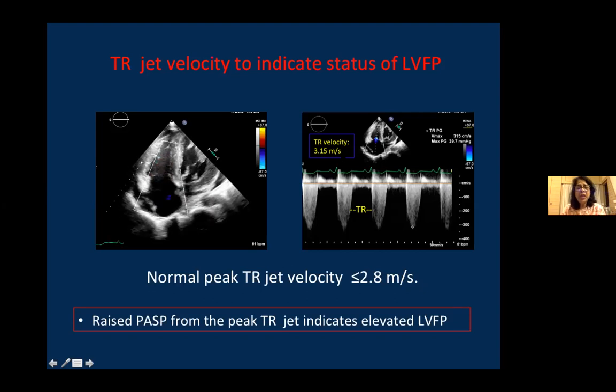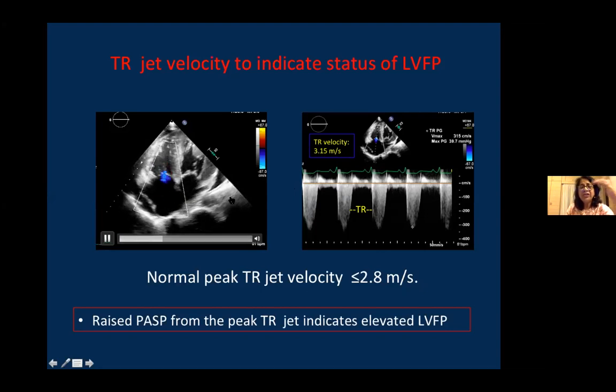Now, in absence of RV outflow tract obstruction, this will indicate the pressure difference between RV and RA. And if we add the RA pressure to it, it will give RV systolic pressure, which is same as pulmonary arterial systolic pressure. So in this case, IVC was dilated, so we add a value of around 8.